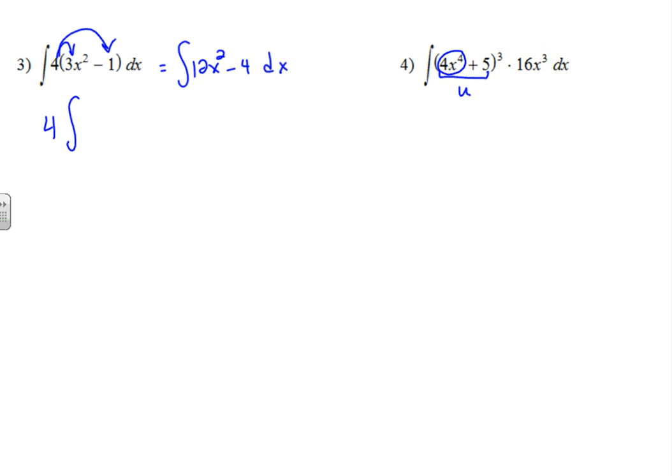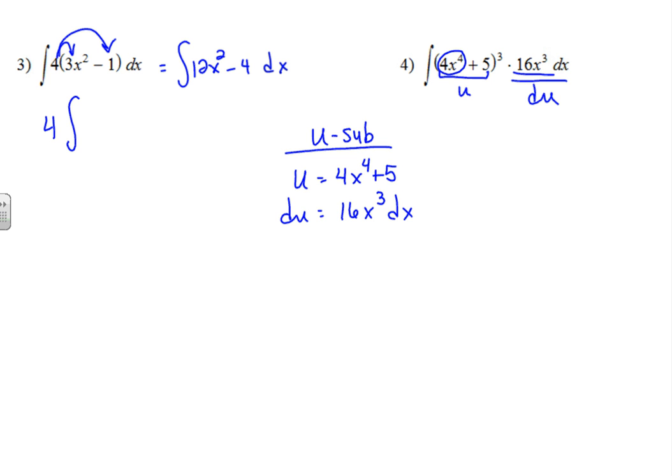So let's just set up a little u sub over to the side and say, let's let u equal 4x to the fourth plus 5. The derivative of that is 16x to the third dx. I have exactly that. This is equivalent to du. So I can take this and rewrite my integration in terms of u.